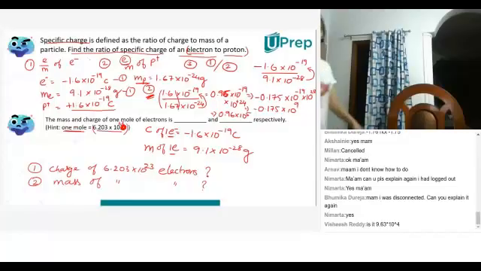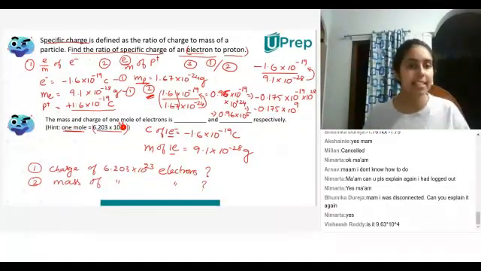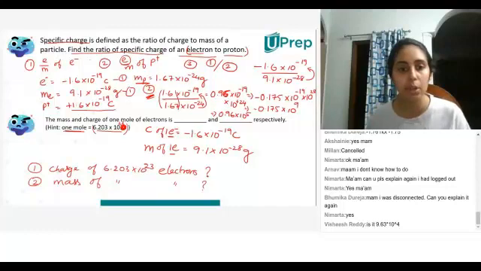Yes, good. So if you can solve the problem, give me the answer. What is the first part and the second part, both? 9.63 into 10 to the power 4. Let me see.